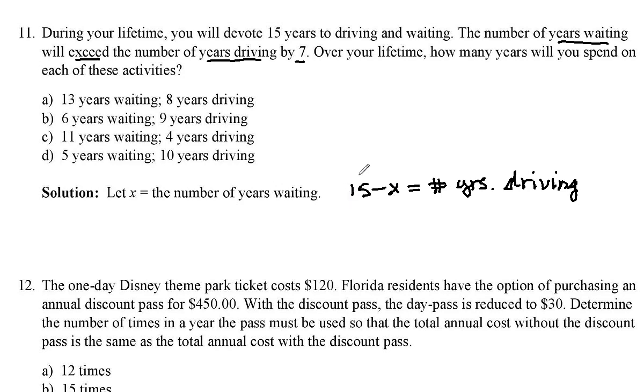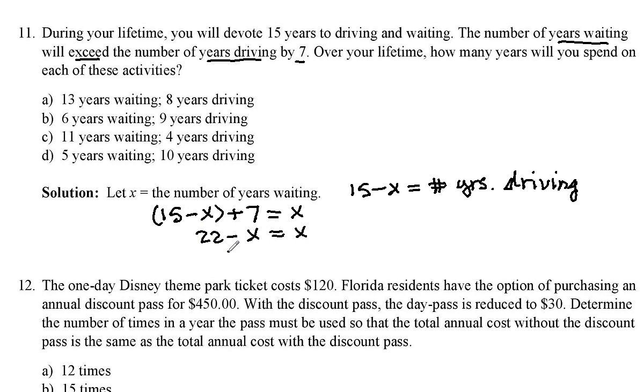Okay, so years driving is 15 minus x. And if we add 7 to that, then we will get years waiting, which is x. And now we just need to simplify and solve this equation. So let's see, 15 and 7 is 22, so this is 22 minus x is equal to x.